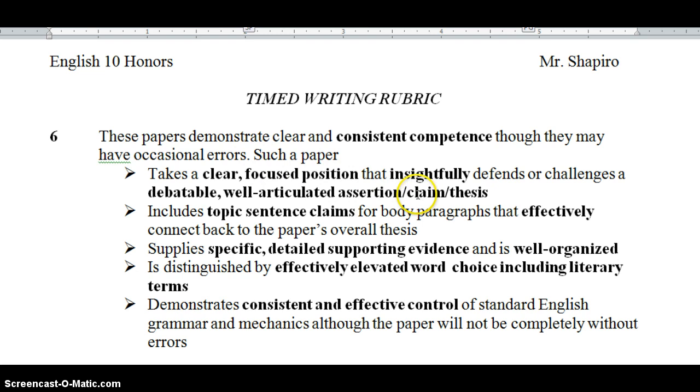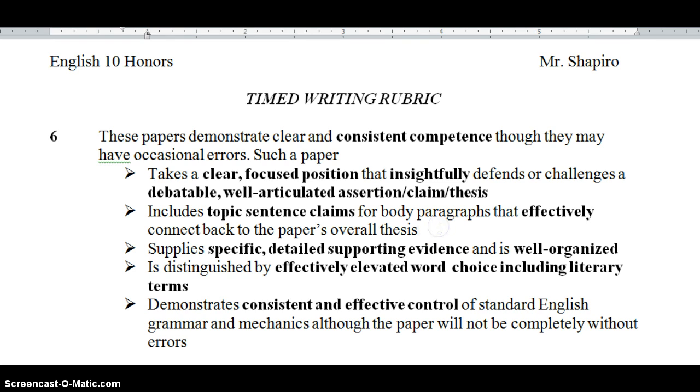With the thesis or claim or assertion, it wants to be clear and focused, insightful, and debatable, a well-articulated assertion, claim, or thesis. Insightful means that you really understand what the question is asking, and you have done some pre-writing and come up with a thesis that shows deep thinking about the play itself or the text itself.